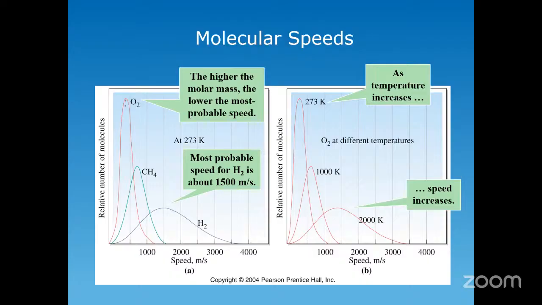If you drop a vertical line, what would be the root mean squared speed in the case of oxygen? This is 5,000, so this would be about what? I think it's about 4,000.